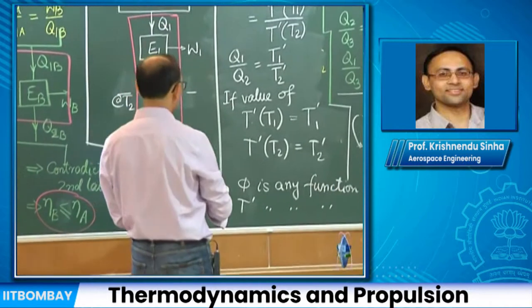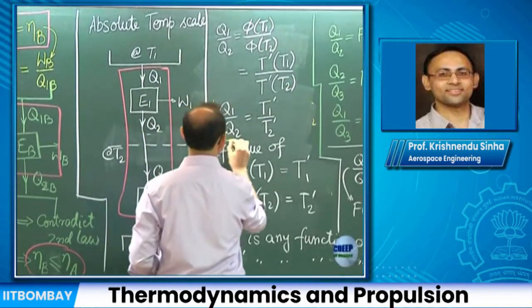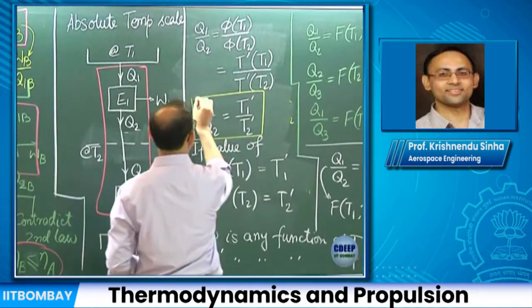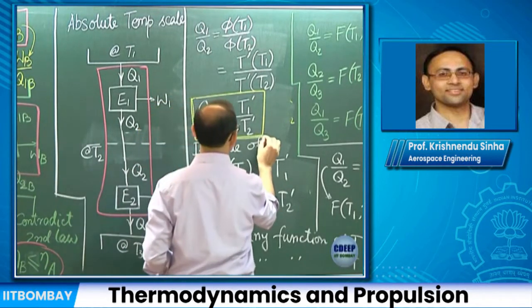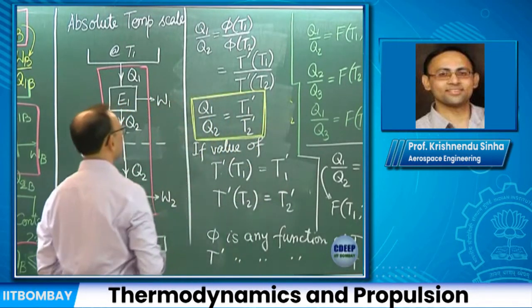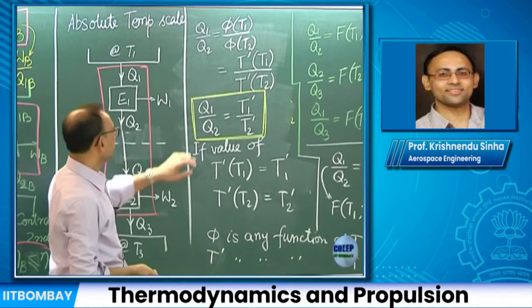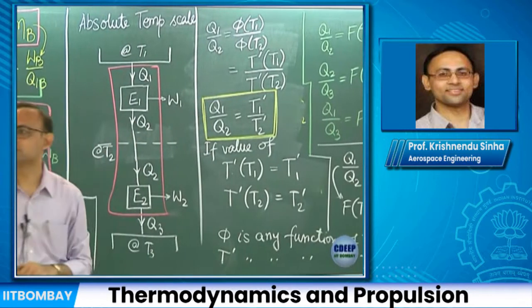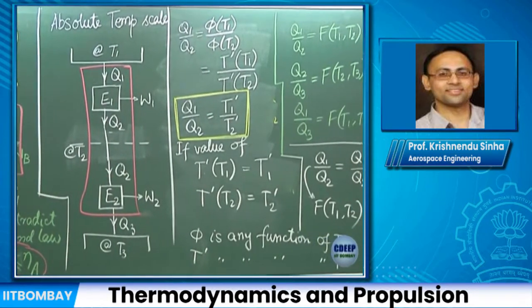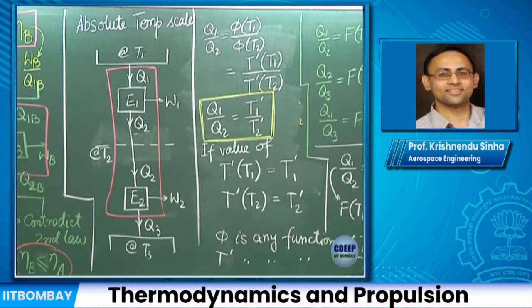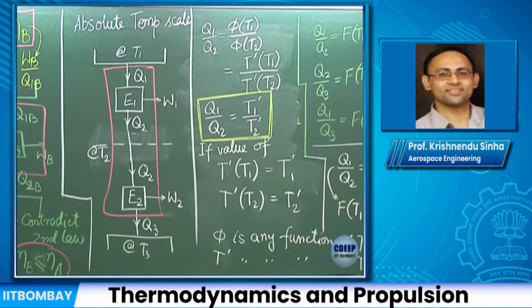So this step is important, and let me box it. The main important thing is that in this scale, if you're able to measure Q1 and Q2 heat transfers, then again it does not depend on what fluid you used.